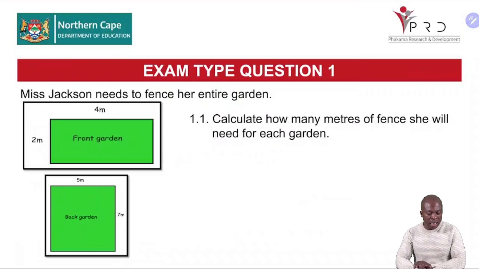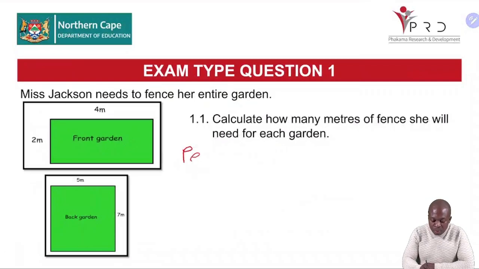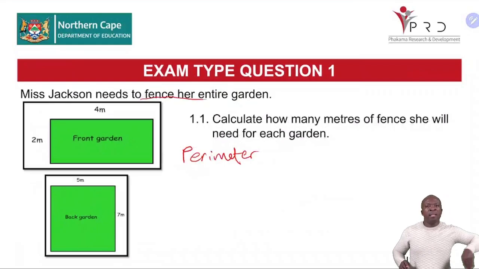Look at the front garden. The measurements are 2 meters and 4 meters. So if we want to find P, or the perimeter, remember I've said to you that once we need to fence the entire garden, we are talking of the total distance around the shape. So all we have to do is add all the values.